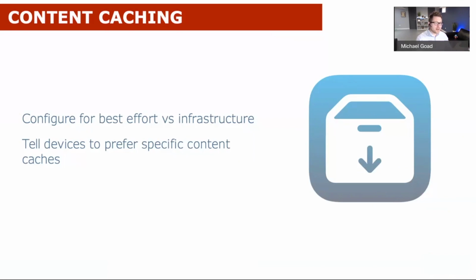Natively within macOS, you can enable content caching, and it will cache any iOS updates or App Store updates onto the device. Any devices that need that iOS update or application will then download from that cache server instead of asking the internet for it.